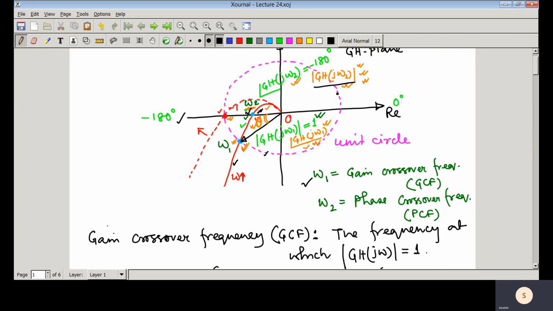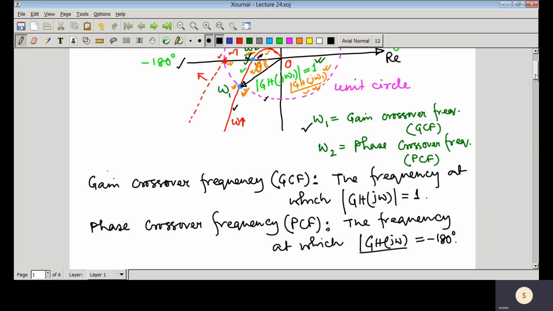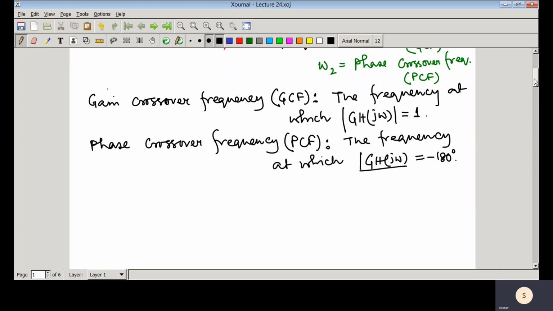That Nyquist plot would pass through the critical point. That means that system would be on the verge of instability. If we multiply that loop transfer function by this gain, then that system would be marginally stable. If we increase further, then that system would be unstable. So this particular gain is called the gain margin.